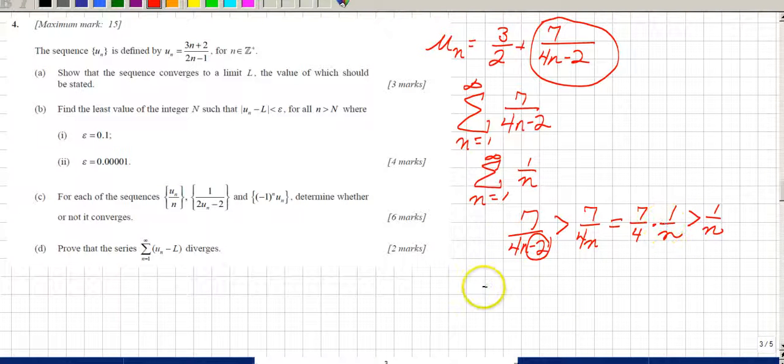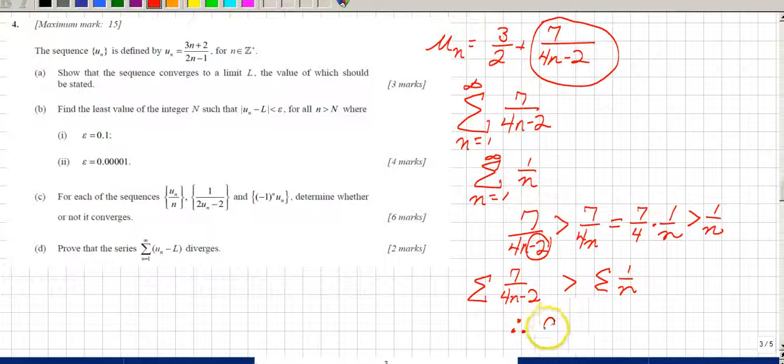So therefore, the series that we have in question, 7 over 4n minus 2, that series is greater than the harmonic series. And since you have a series which is greater than a series that you know diverges, therefore our series diverges.